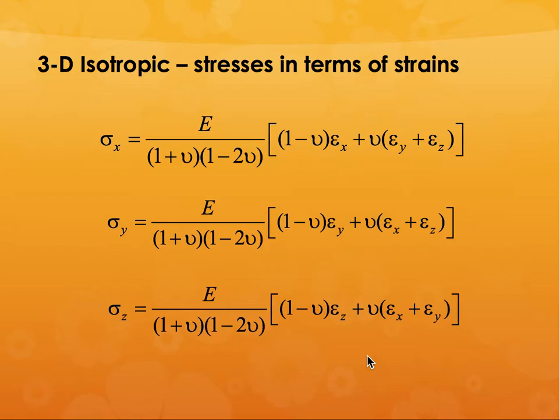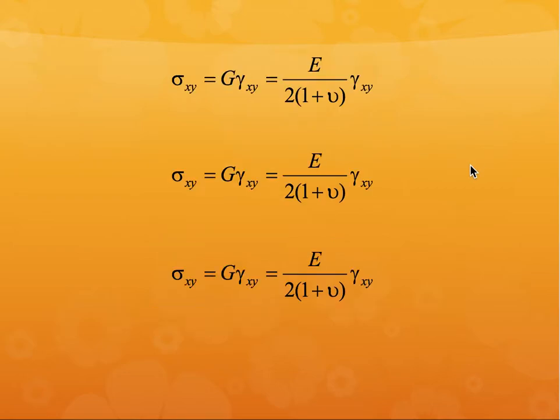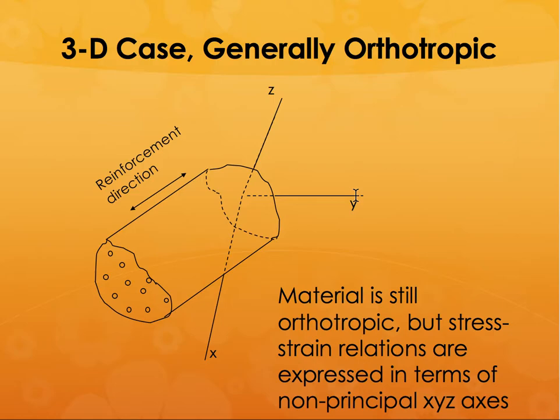If you have an isotropic material in 3-dimensional form, at any given point x, y, or z, you can calculate the stress at that point in terms of the Poisson's ratio and the strains in the x, y, and z directions. Similarly, you can calculate the shear stresses along those same lines.